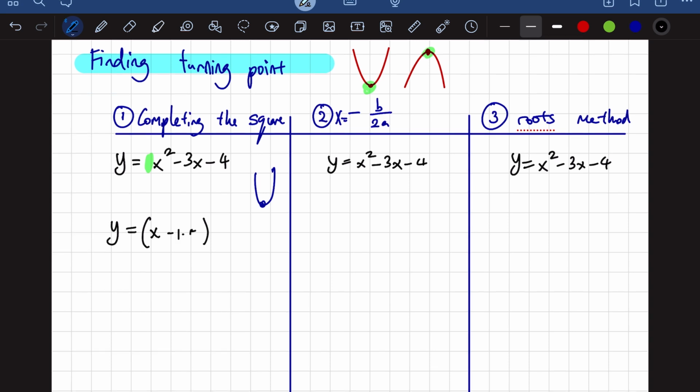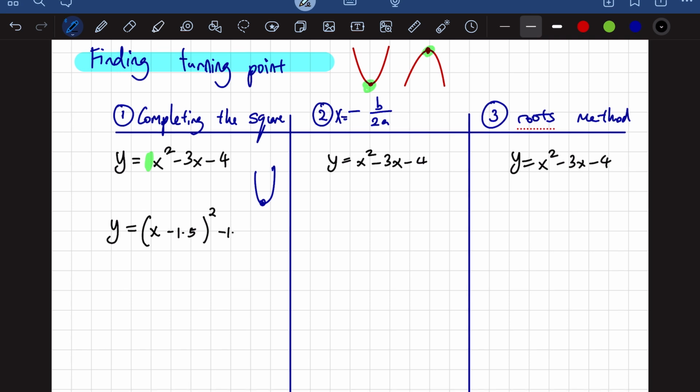Now, once I have that, I will put a square on the outside of that bracket. Notice that if you were to expand x minus 1.5 squared using the identity of ax squared plus bx plus c, you will actually get an additional 1.5 squared, which I don't want.